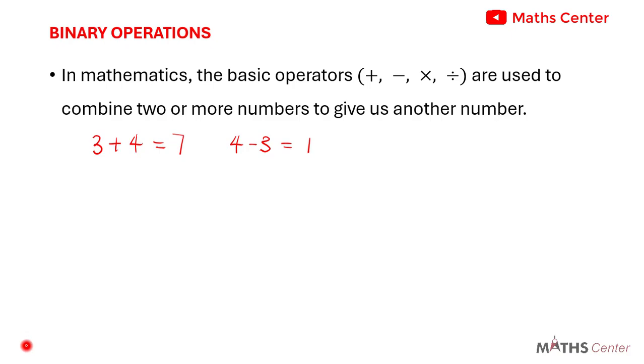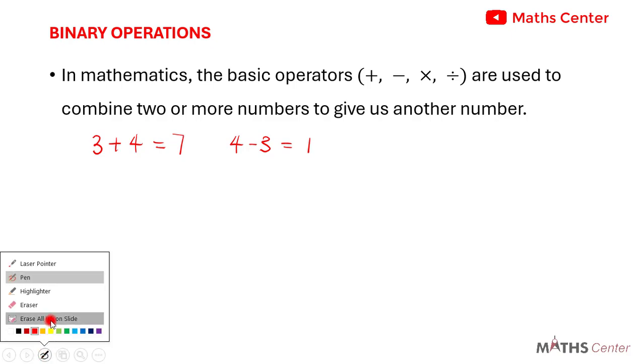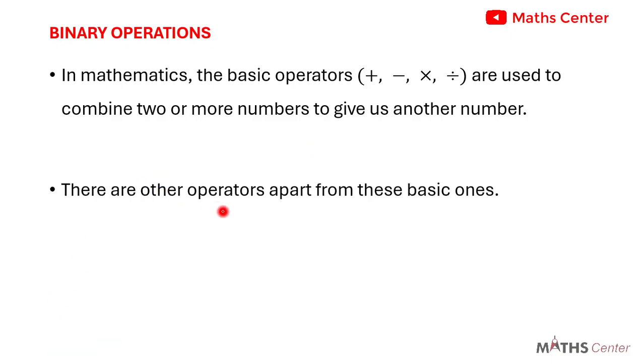What we will learn in our lesson on binary operation is that there are other operators apart from these four basic ones. For example, we can have the operator star, we can have the operator delta, you can have a circled dot. These are operators that are also used to perform mathematical computations.